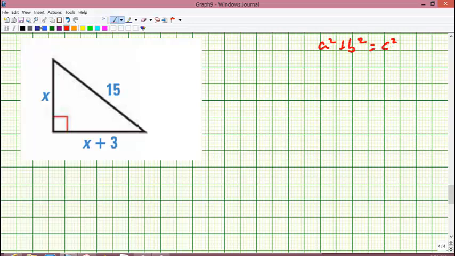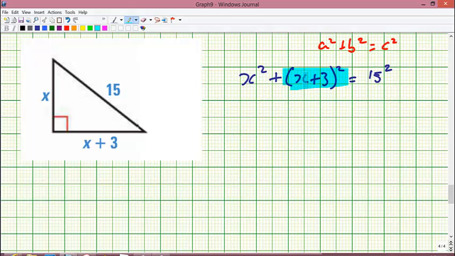In this case, A is represented by x, so that's x squared. B is x plus 3, and C is 15. Okay. Now, the first thing we need to do is multiply out these brackets here.